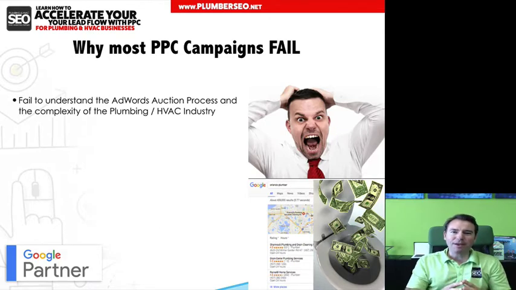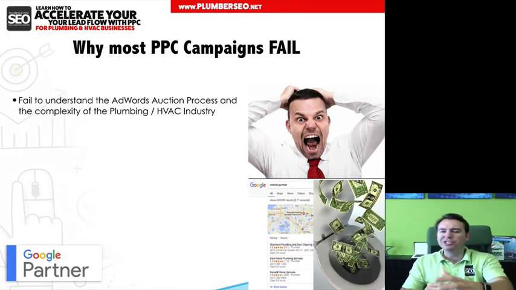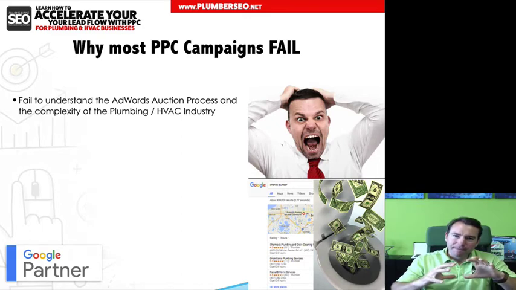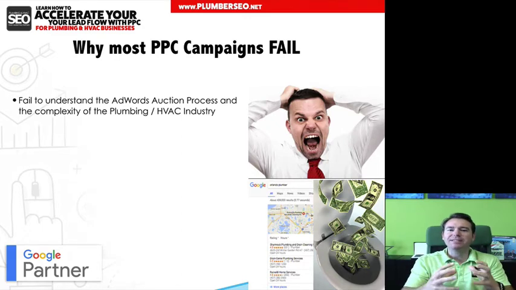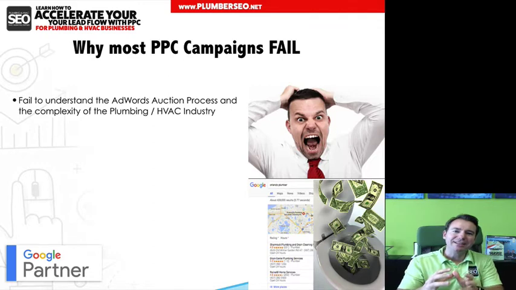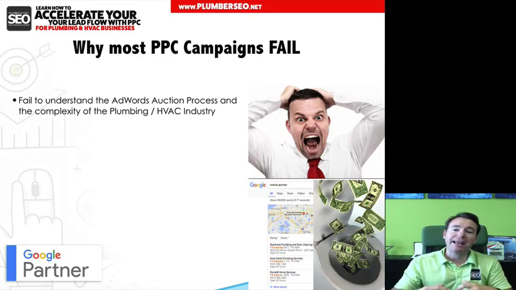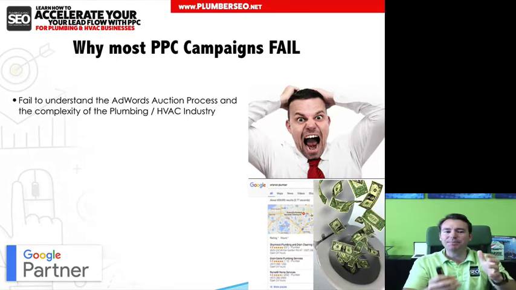Even within plumbing, there are so many different things somebody may be looking for: leak detection, repiping, trenchless sewer repair, water heater installation. By understanding the complexity of the industry and setting up campaigns that target each of those services, you can get a much better relevancy and quality score, which means you can pay less per click and really win the day.